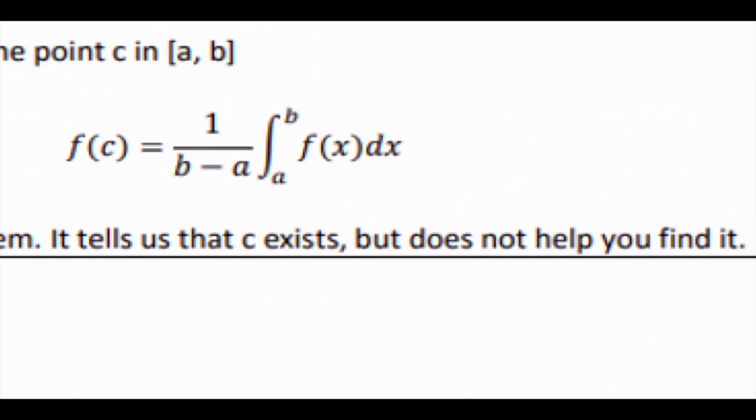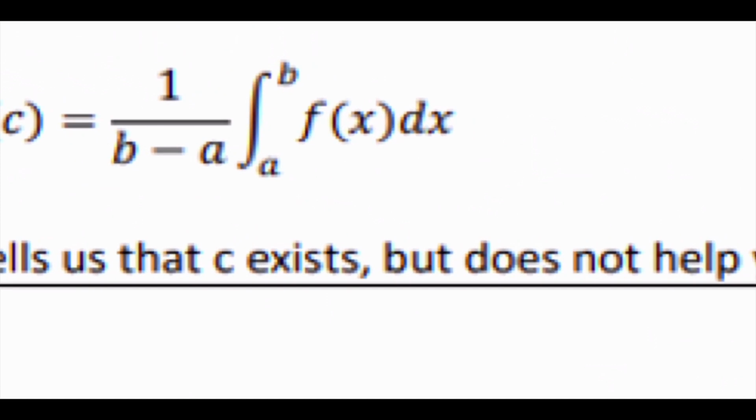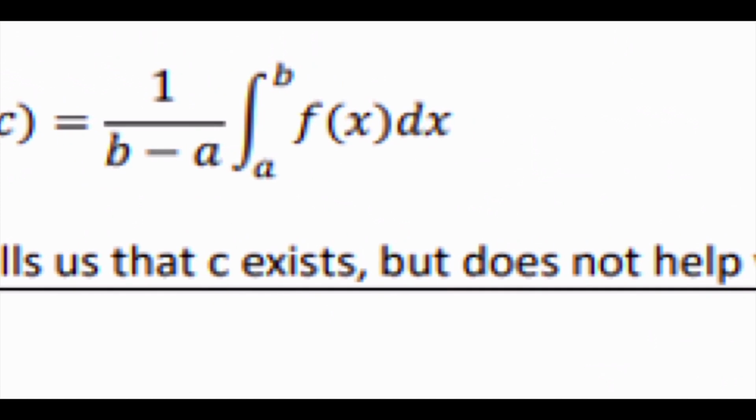So first thing, let's build this guy. We've got to figure out what b and a are, because they don't tell us. Okay? So let me write this down, so we don't have to keep going back and forth. 1 over b minus a, and then the integral from a to b of dx. Okay.